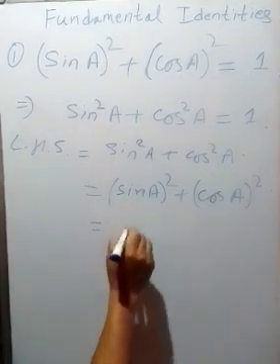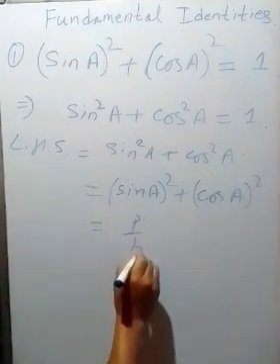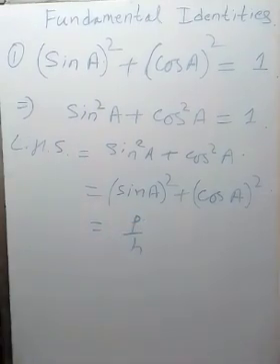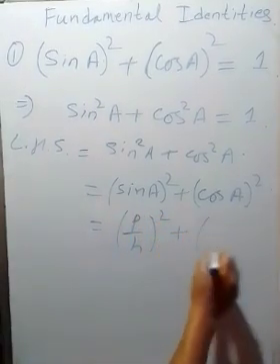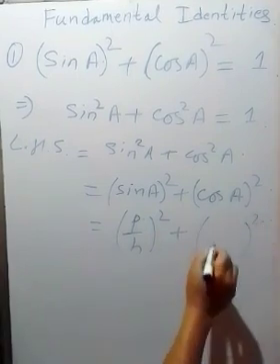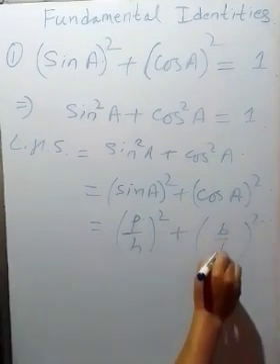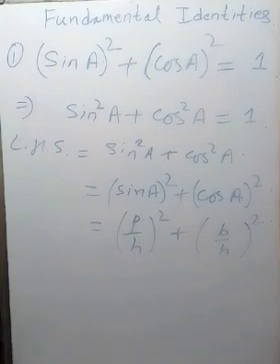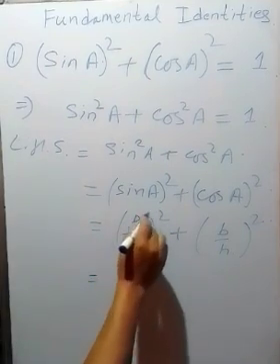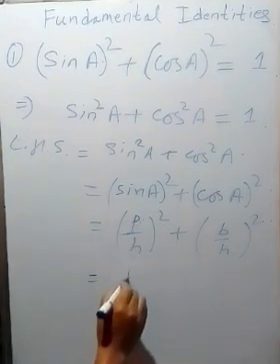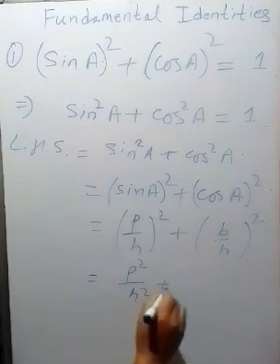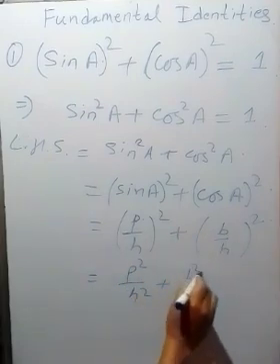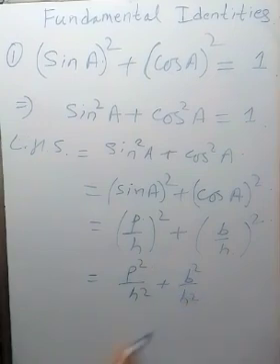Sine A means what? P by H. And here is the square outside. And cos A means what? B by H. Clear? Now this square goes for both. So this will be P square by H square plus B square by H square.